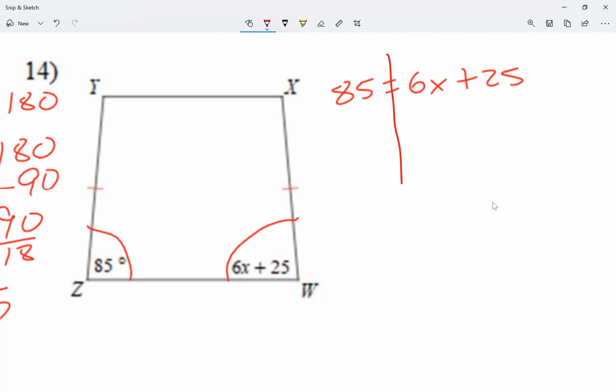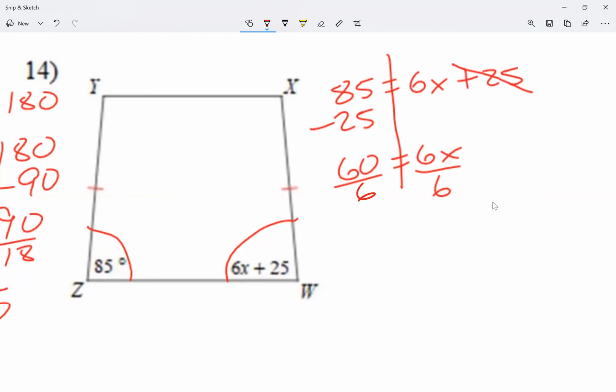Okay, let me separate the sides to the equal sign. I want the 6x by itself. So this plus 25, let me move it over as a minus 25. I know 85 minus 25 is 60. So I have that 60 is equal to 6x. Let me divide both sides by 6. So 10 is equal to x.